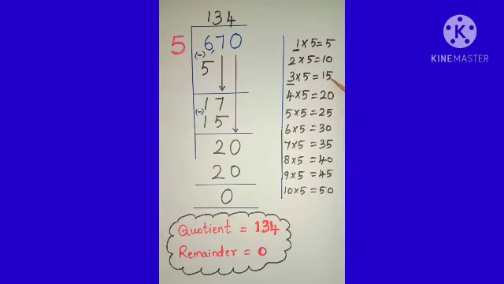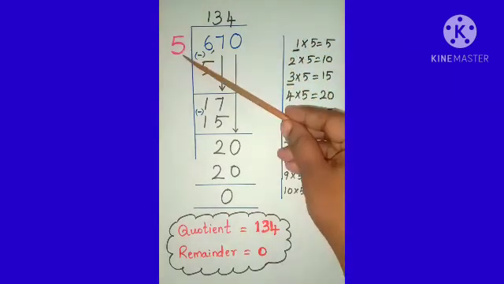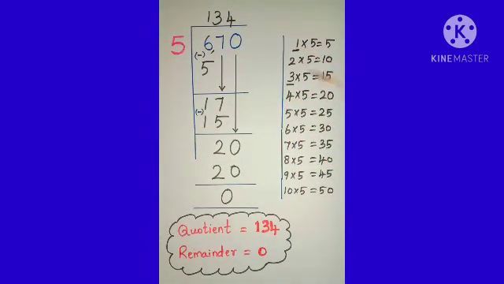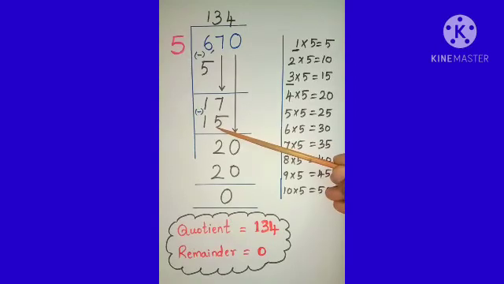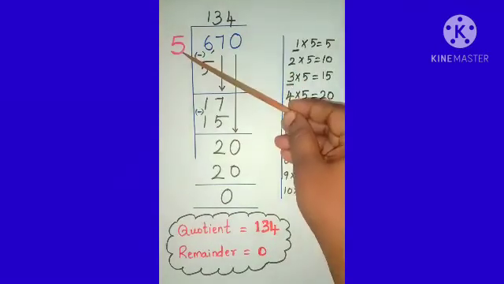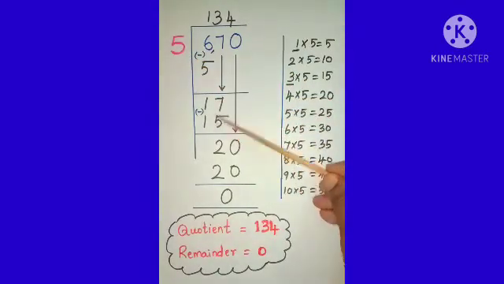Here 15 is the smaller value. So take 3 into 5 is equal to 15. Now write 3 above the bar, and 5 is the divisor, and 15 below the number 17. That is 3 5s are 15.